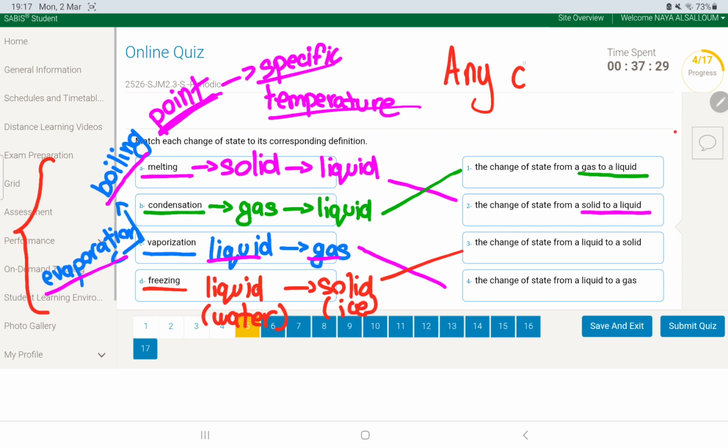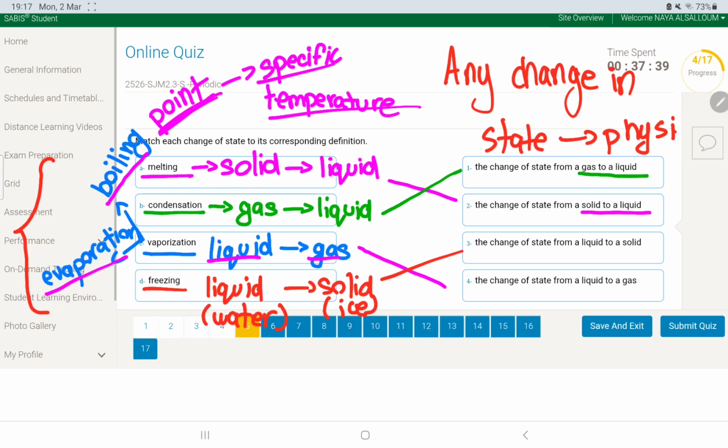Any change in state is a physical change, okay? Because they always ask you this. Trust me, they're gonna ask you this at some point for sure. So any change in state, sublimation, deposition, melting, condensation, freezing, evaporation, these are all physical changes.